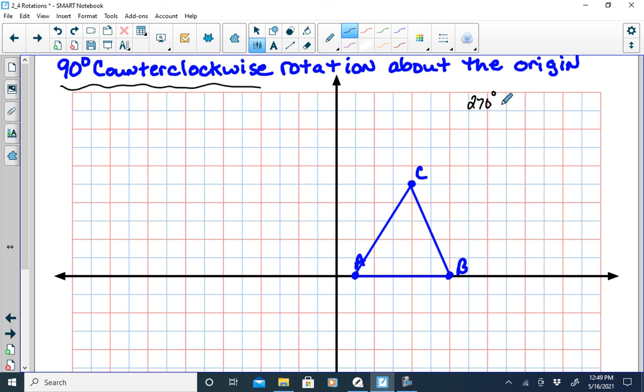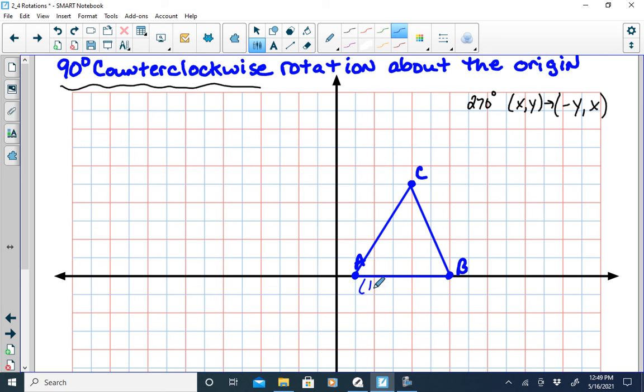So for a 270-degree rotation, our rule is x comma y goes to opposite y and x. All right. So if A is located at 1 comma 0, let's write that down.